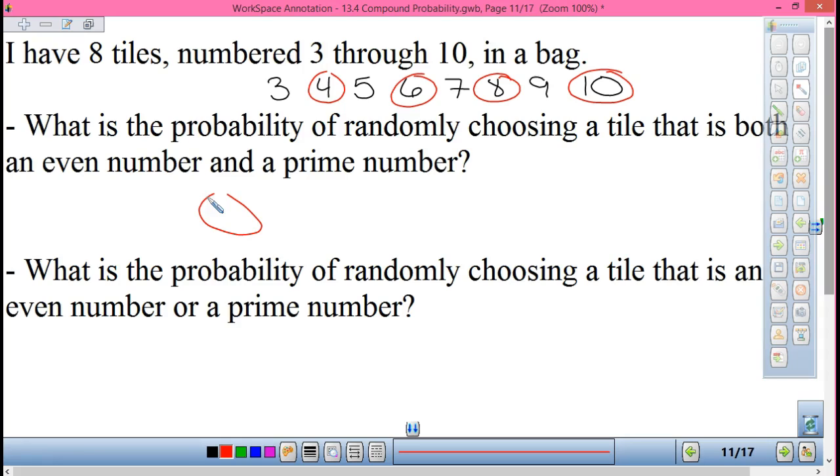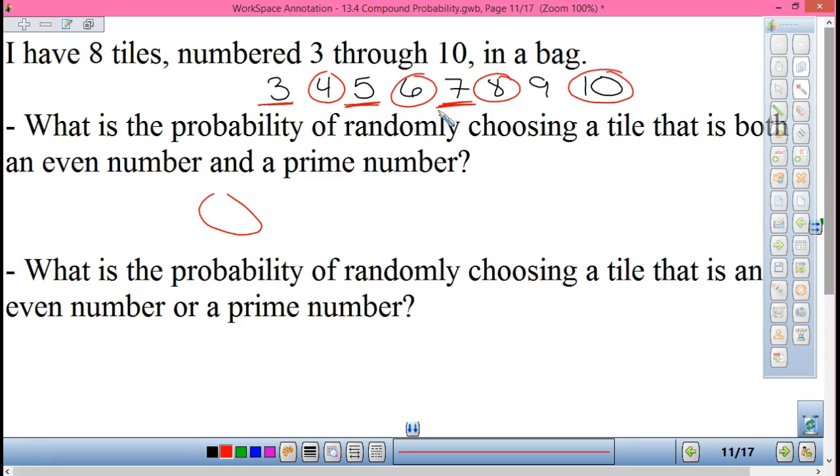Okay? Probability of randomly choosing a tile that's an even number or a prime number. All right, so I've got my evens up there, right? Which ones are prime? 3 is prime, 5 is prime, 7 is prime, is 9 prime?